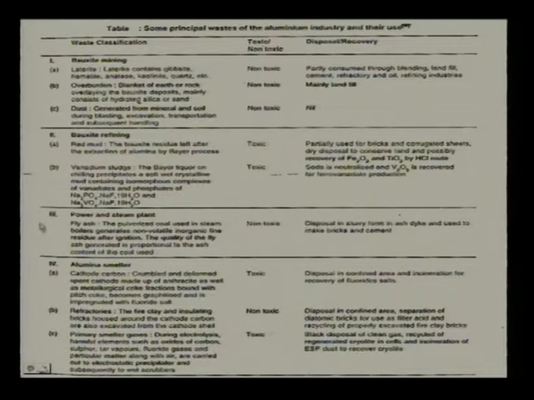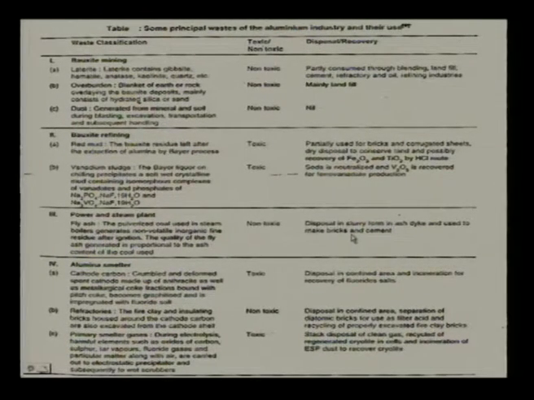Power and steam plant, we generate a combined power and steam, where the steam goes for the autoclaves. This is non-toxic, fly ash is non-toxic, is disposed in slurry form to ash dikes and used to make bricks and cements.